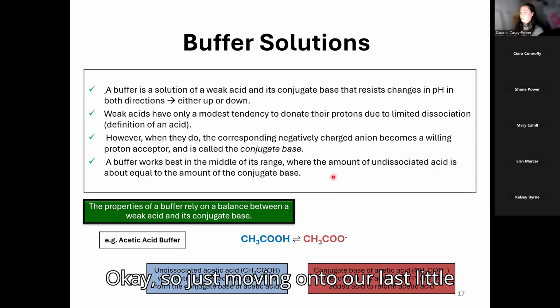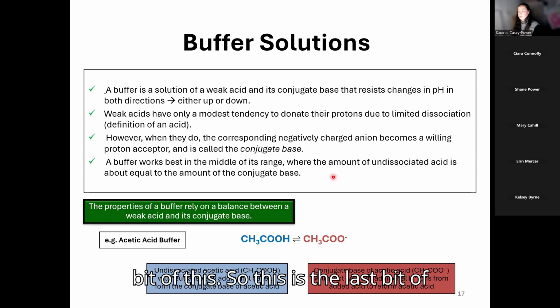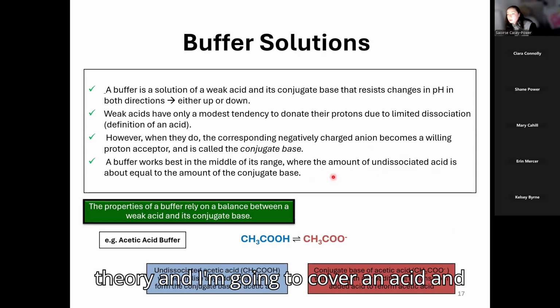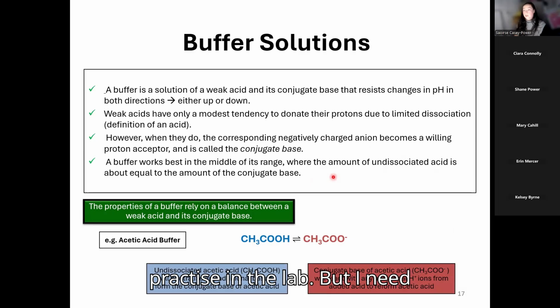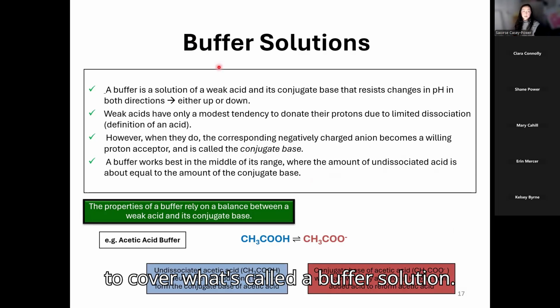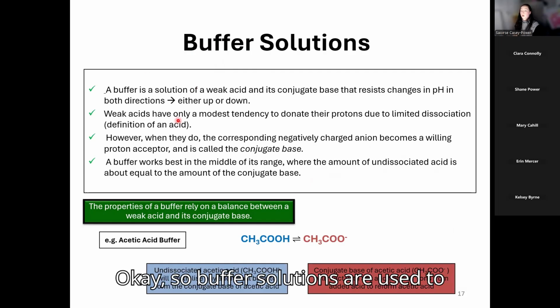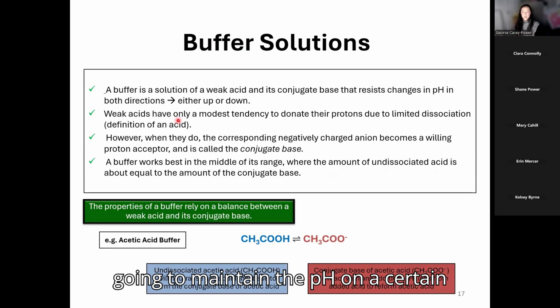Okay, so just moving on to our last little bit of this. This is the last bit of theory that I'm going to cover on acids and bases because you're going to see this in practice in the lab. But I need to cover what's called a buffer solution. Buffer solutions are used to maintain the pH at a certain value.